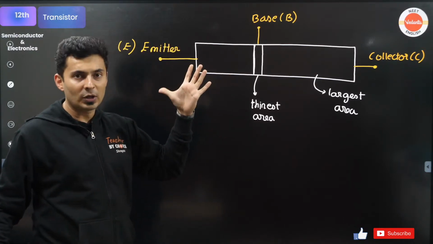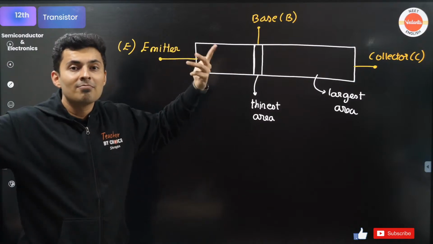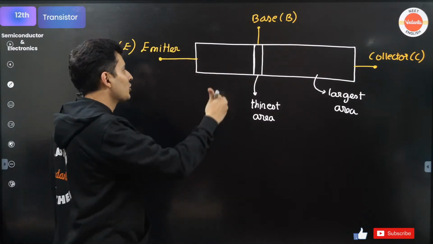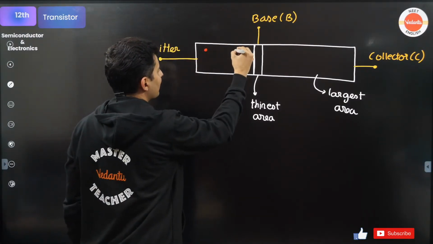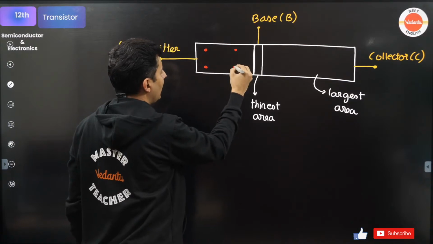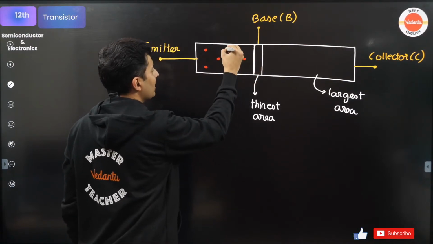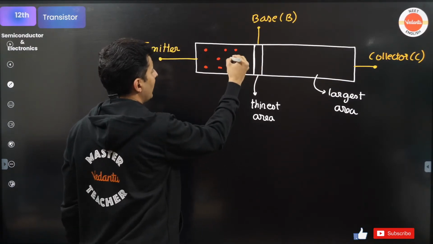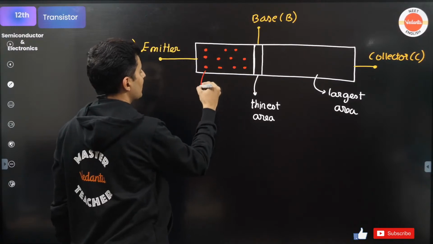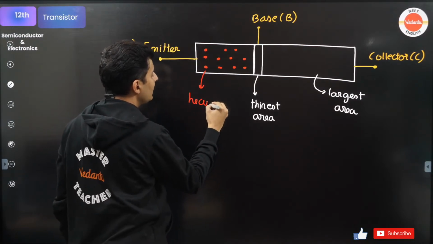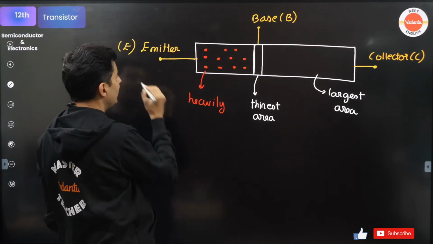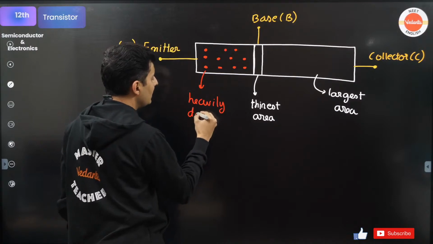One extra electron is left, ready to mingle. So there will be extra electrons, and you add lots and lots of electrons over here. This is heavily doped. The emitter is heavily doped.